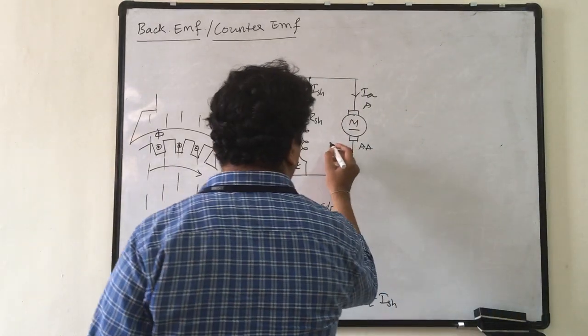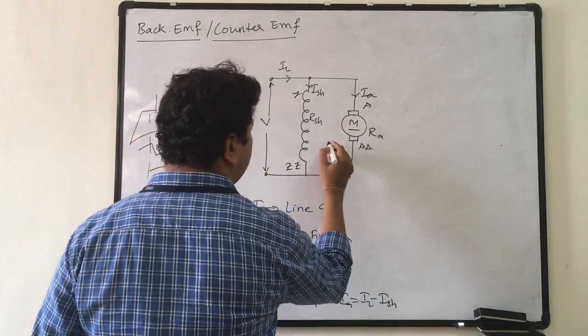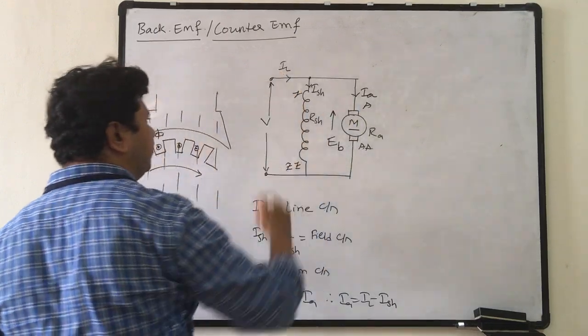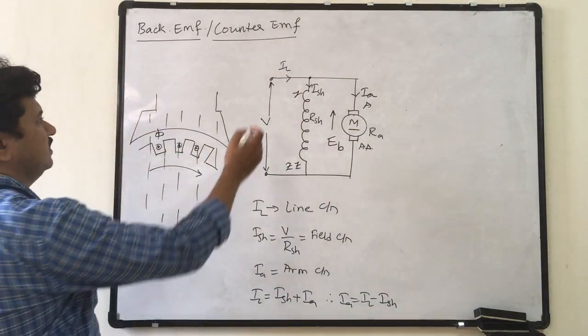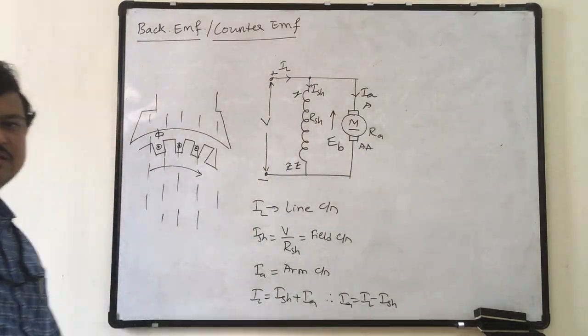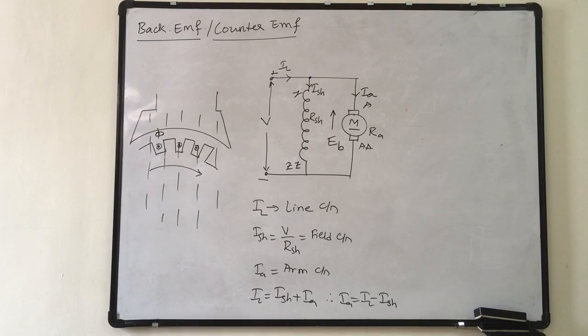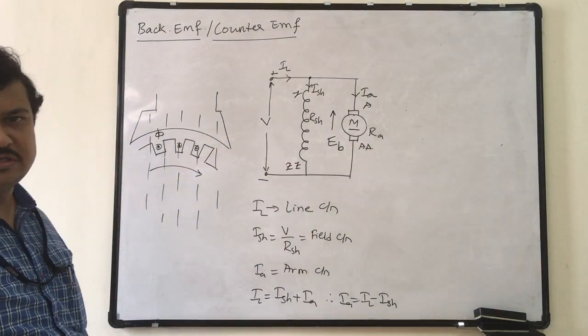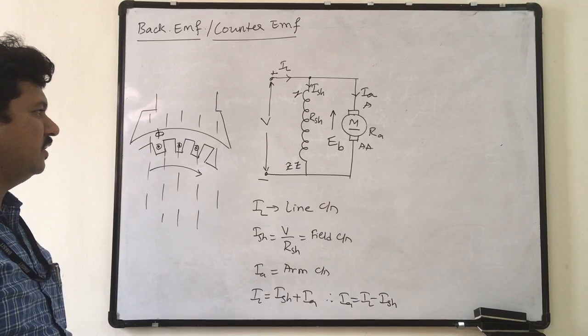And here I have the back EMF EB, which is acting opposite to the main supply voltage. This is plus, this is minus, so it is opposing the supply voltage. The direction of EB is opposite to the supply voltage.